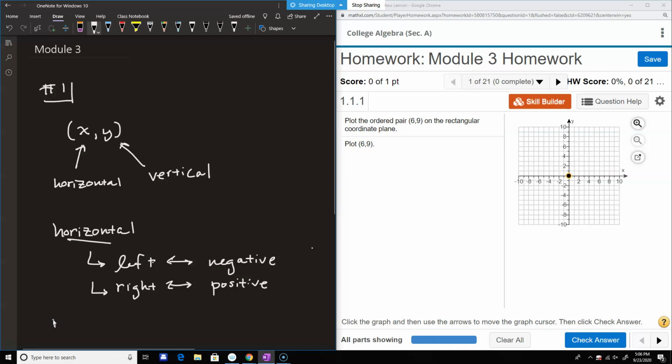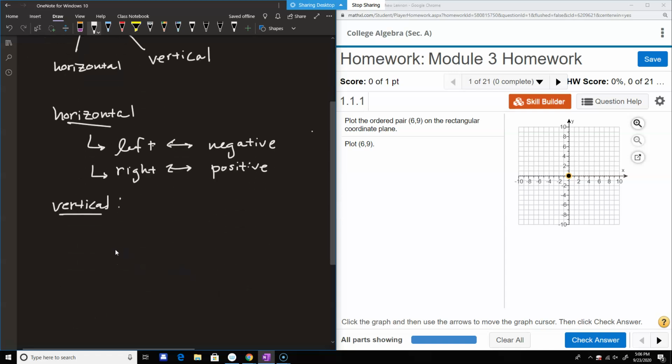So for the vertical, as we said, down is negative. And up is positive.